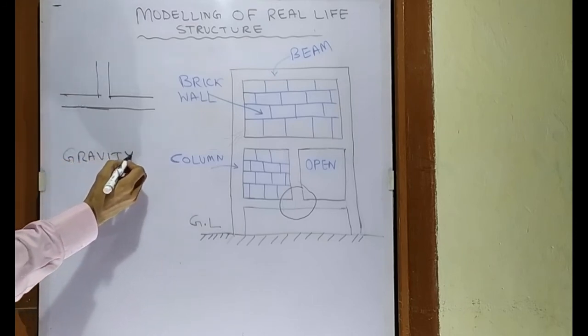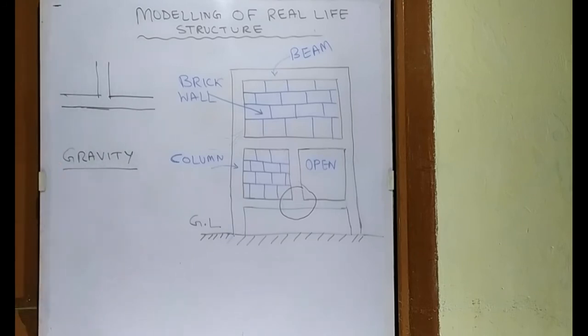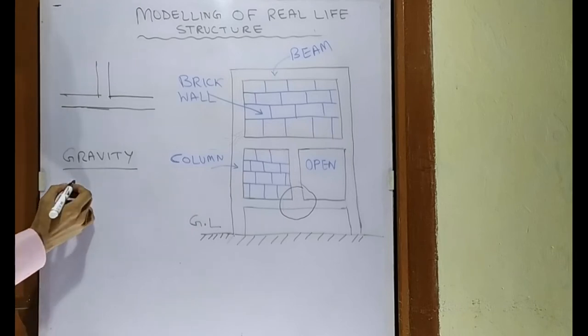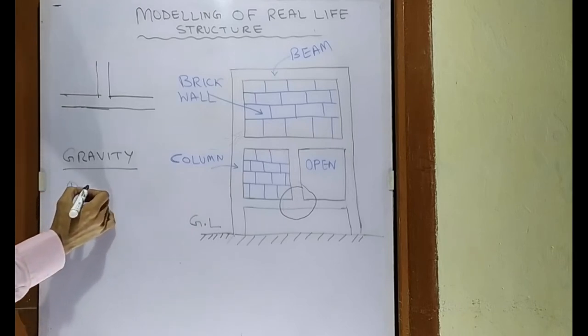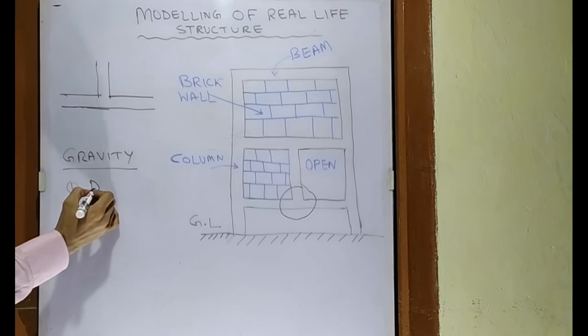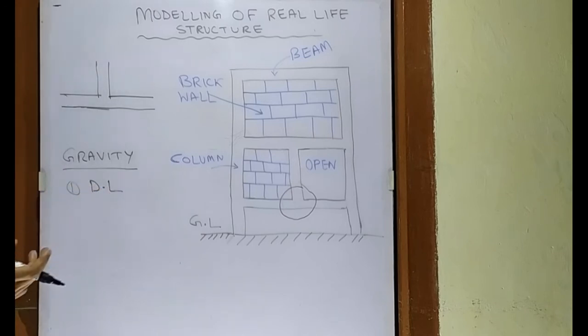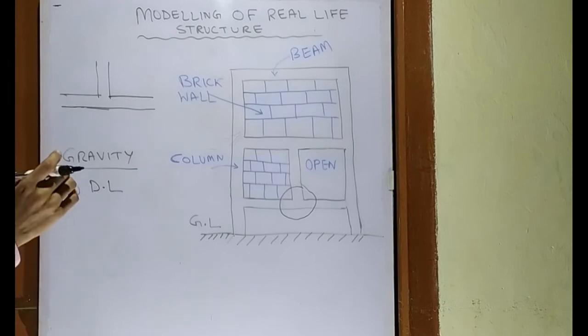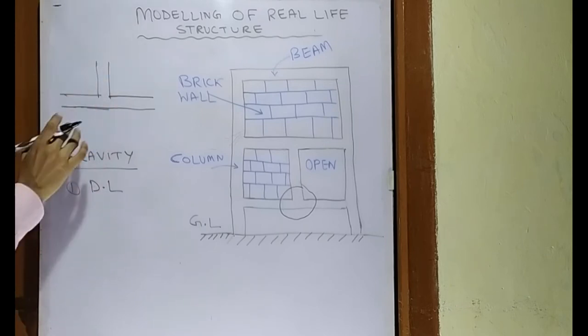and live load. In our first video of this series we discussed that a structure should be stable under different types of loading. So when we construct, design or analyze a structure, first of all we will design it for gravity load. What are gravity loads? The dead load of the structure. What is dead load? Dead load is the load of the members of the structure, like this column and this beam.